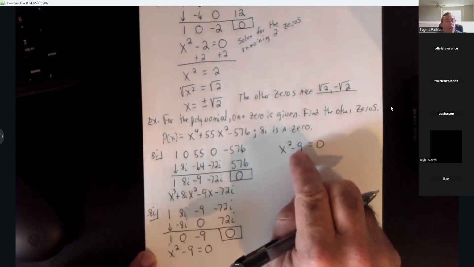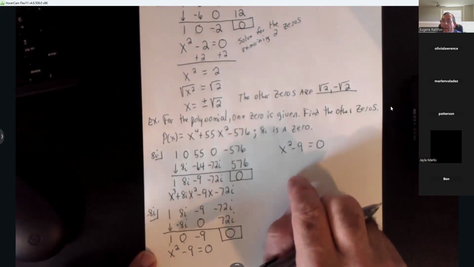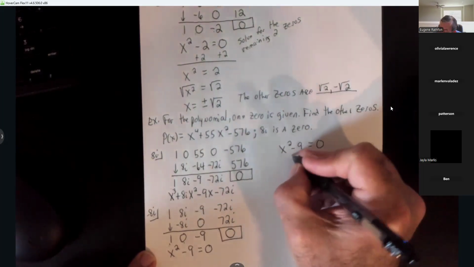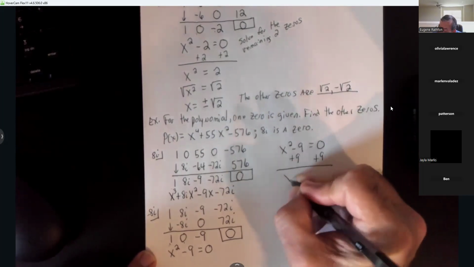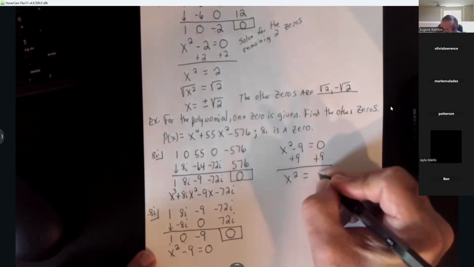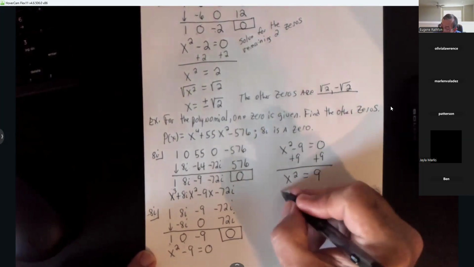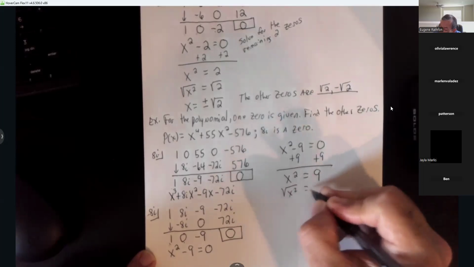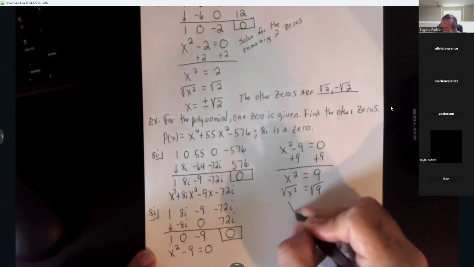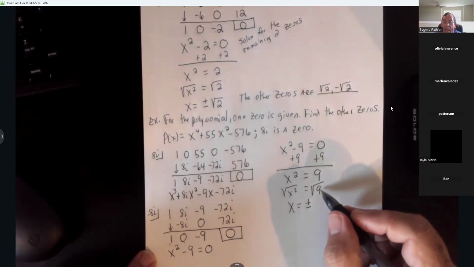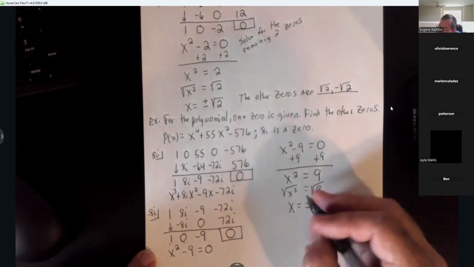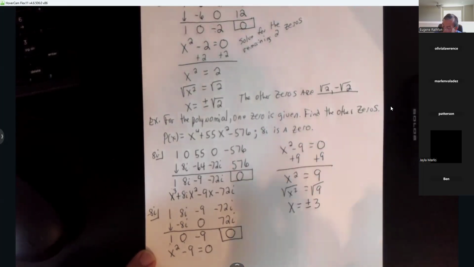Anytime I got an x squared in a number, I'm going to add the number and do the square root. So I'm going to add 9 to both sides. That's going to give me x squared equals a positive 9. I'm going to do my square roots. So that's going to give me x equals a plus or minus square root of 9, which would be 3.